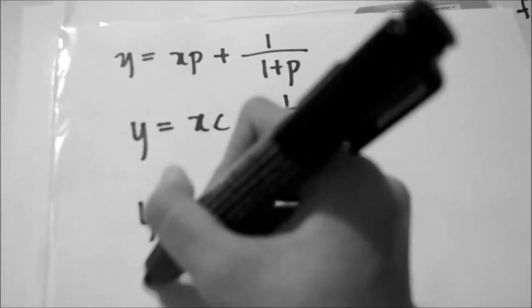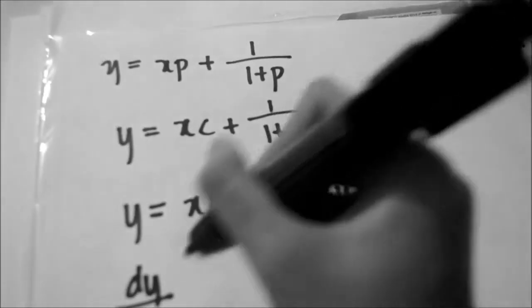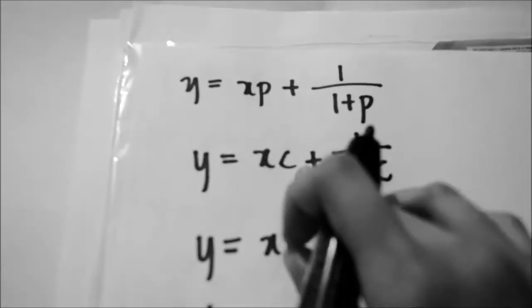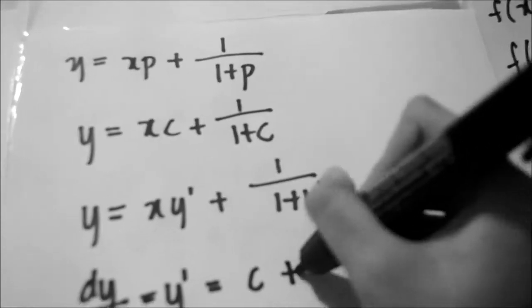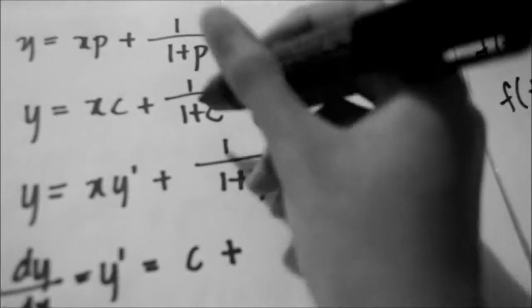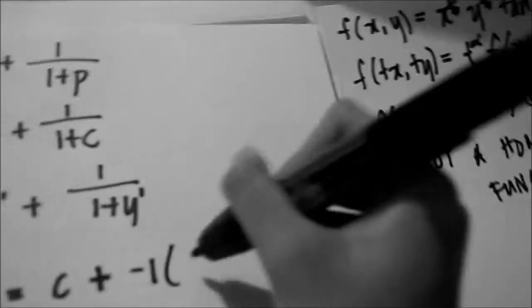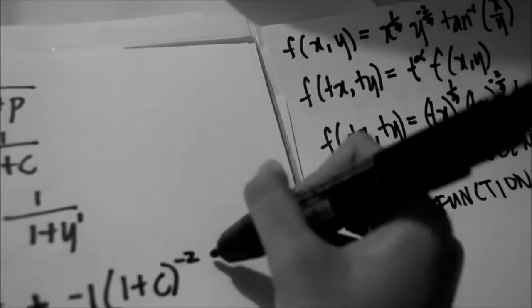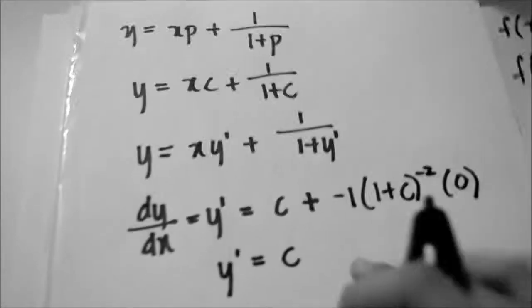So dy/dx, which is equal to y', is equal to c plus, this is equal to -(1 + c)^(-2) times 0. So our y' is equal to c.